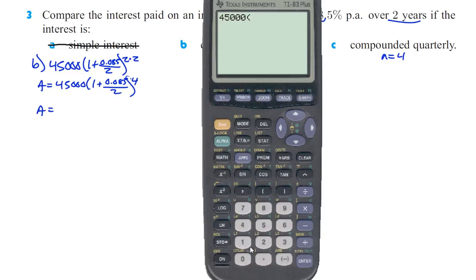And then parentheses 1 plus 0.085. Divide that by 2. And then we're going to take that to the 2 times 2 is 4. Okay, and then we push enter, and we end up with 151.65.